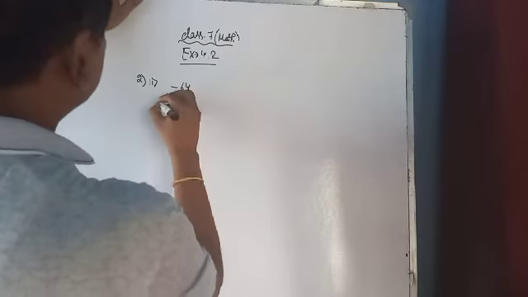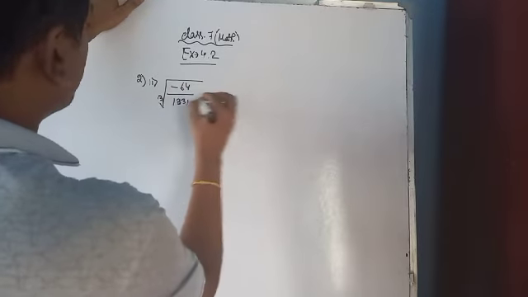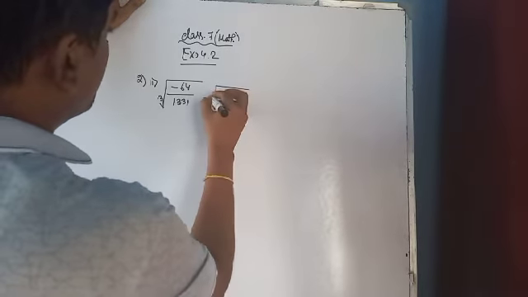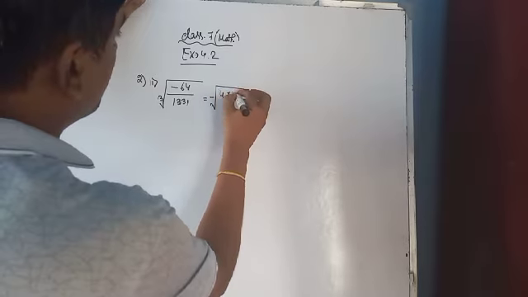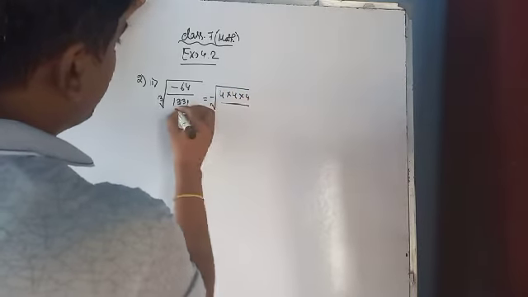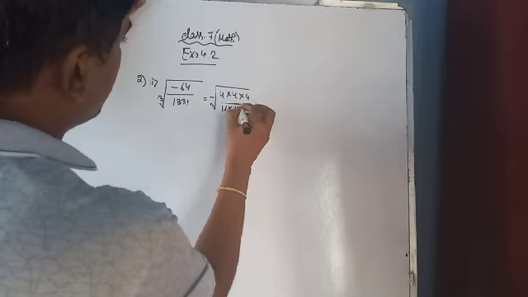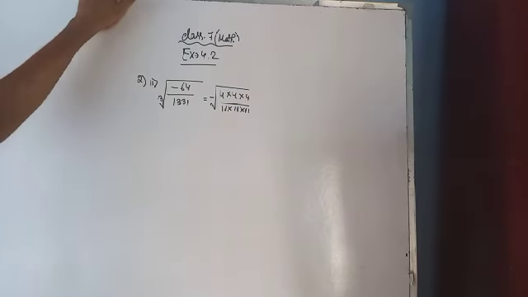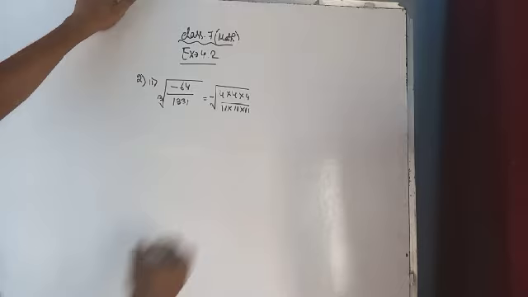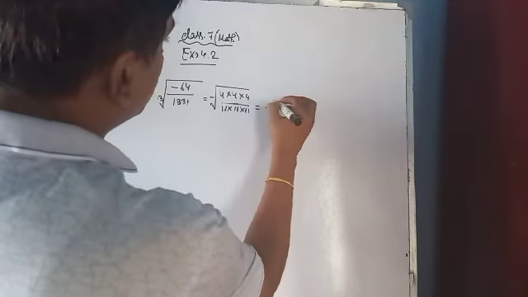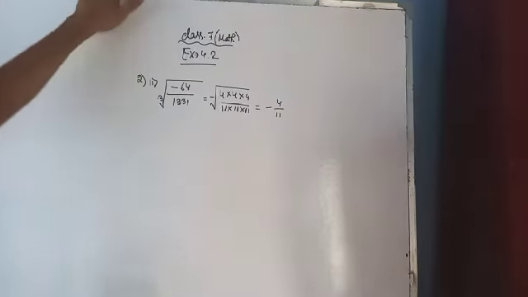Whenever you get a fraction like this, the numerator part is above and the denominator part is below. So in which way can you solve this part? Already you know that you keep the minus 4 into 4 into 4, and 11 into 11 into 11, if you factorize 1331. So what will be your answer? Minus 4 by 11. This is your answer.